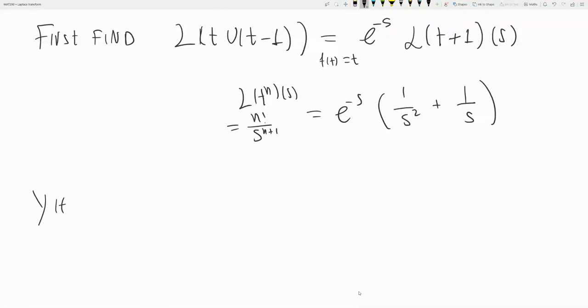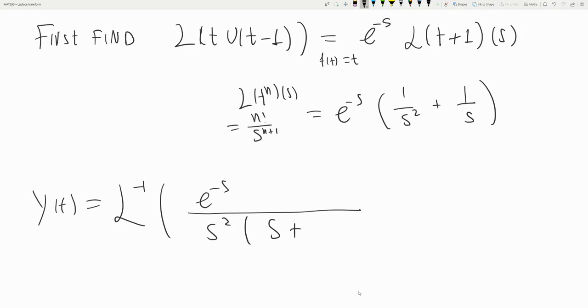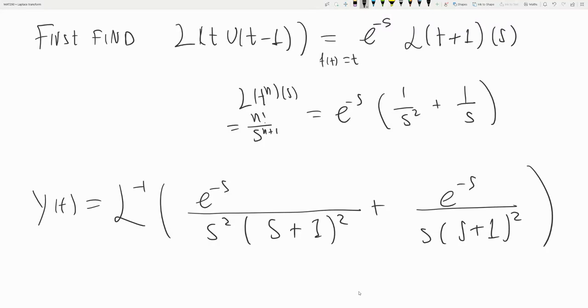So y of t is equal to the Laplace inverse of e to the minus s times (1/s squared plus 1/s) over (s plus 1) squared. So I factored the denominator. Okay, so now we have to find the Laplace inverse of these two guys.